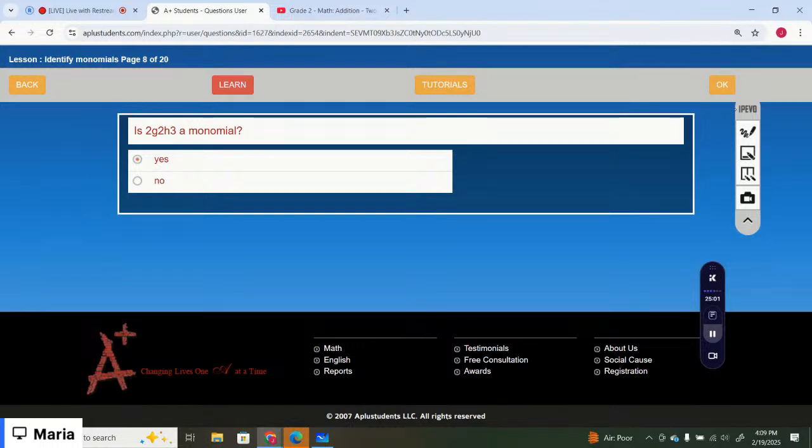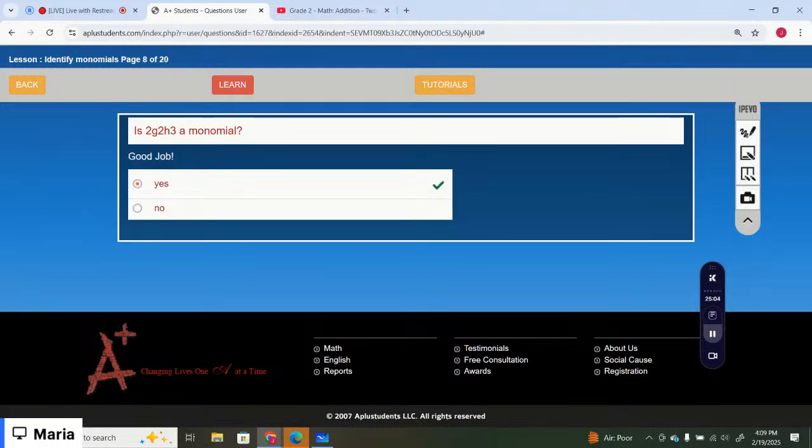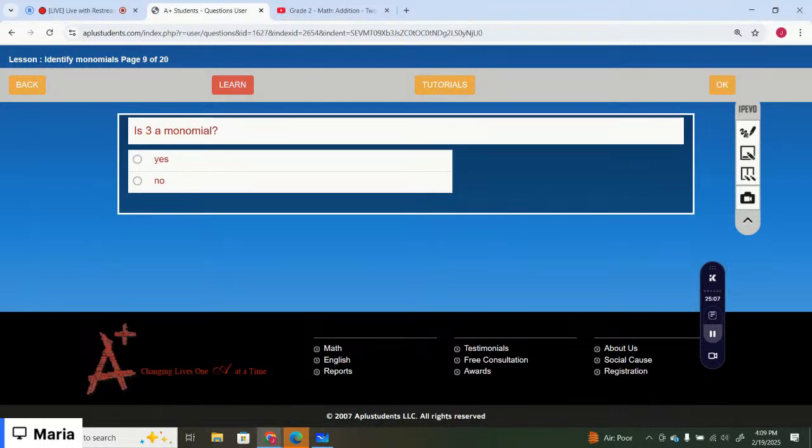Yes, it is a monomial. Option one is the correct option. Is 3 a monomial? Yes, it is.